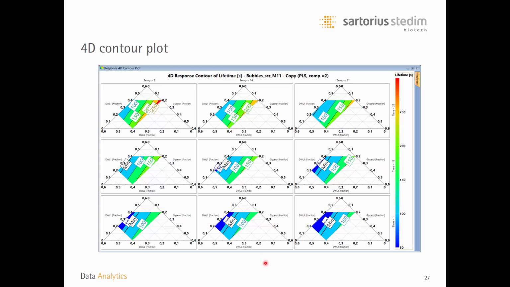These 9 trilinear contour plots have a consistent color coding across them, so it means that wherever you have a blue field, you have the same predicted level of the lifetime. So what we would be looking for is the largest orange or red area. That would be the most promising region for having long-lasting bubbles, and that would be in the top left-hand trilinear contour plot in the segment where I'm pointing right now.